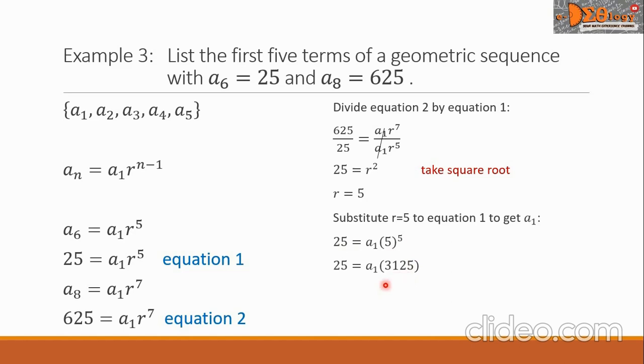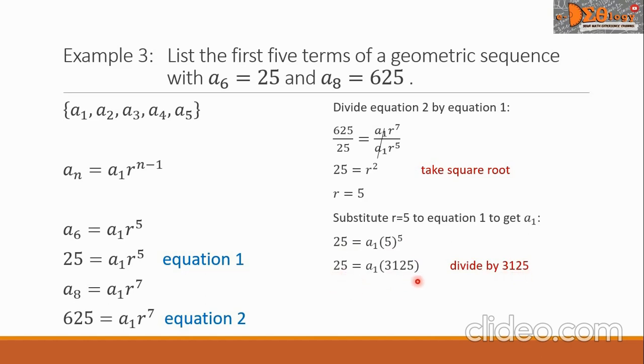Now let us solve for a sub 1. Let us divide this equation by the coefficient of a sub 1. That is 3,125. So this 25, if we divide by 3,125, it will form a fraction.